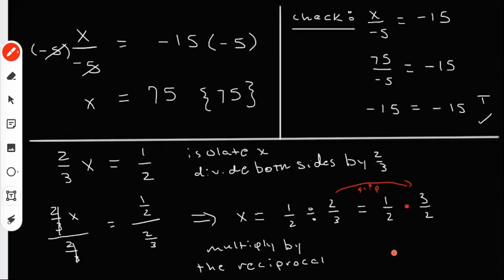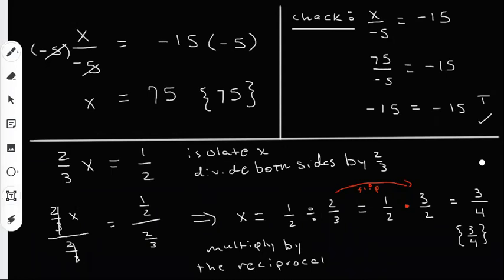So now we're multiplying by the reciprocal. So what happens when we multiply these two fractions? Well, we multiply the tops and we multiply the bottoms. 1 times 3 is going to give me 3 on top, and 2 times 2 is going to give me 4 on the bottom. So this is going to be the answer in my solution set, 3/4.